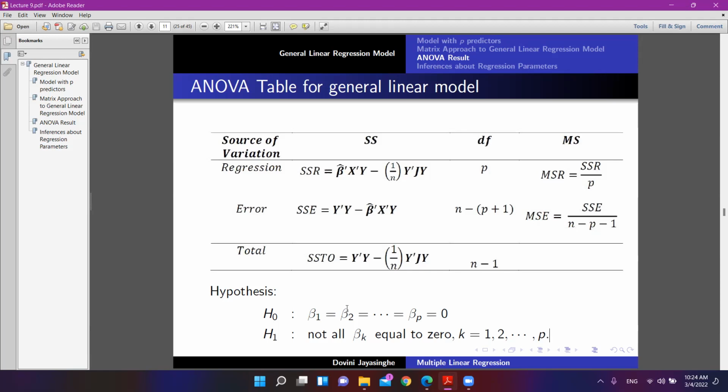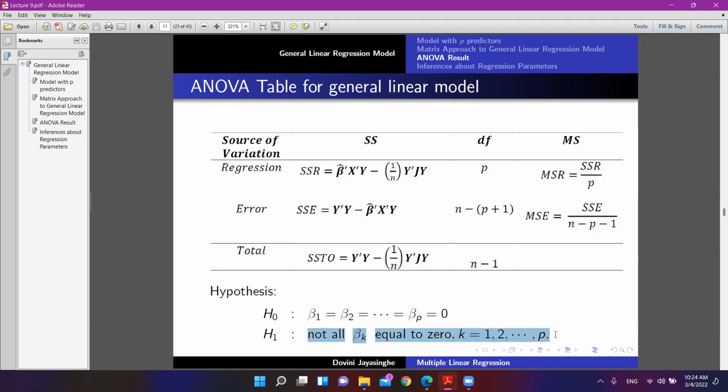Here, our hypothesis is all beta i's are equal to 0 versus at least one beta i is not equal to 0. You can reword it as not all beta k equal to 0, where k is going from 1 to p.